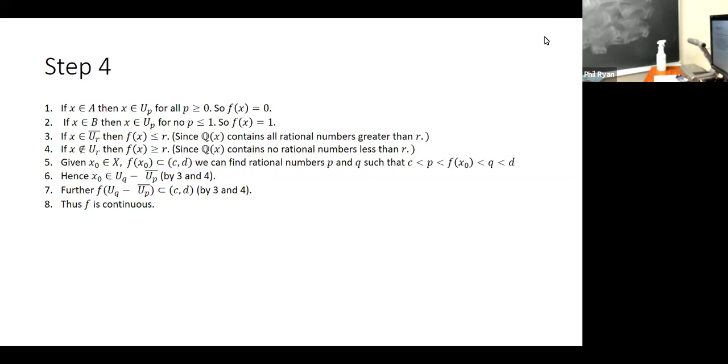Because Q of that point contains all the rational numbers greater than r. And if x is not in some U_r, then f of x has to be greater than or equal to r, because that set Q_x contains no rational numbers less than r.